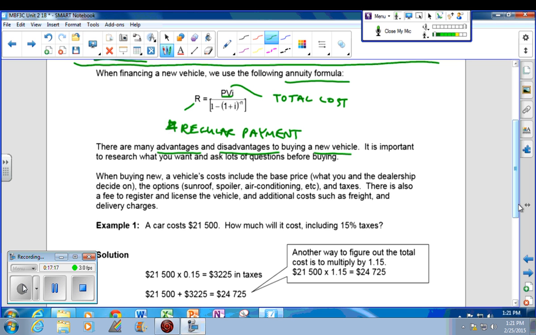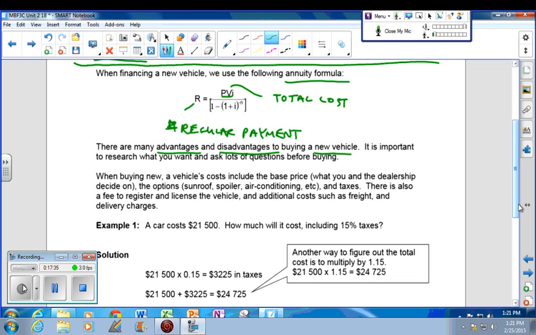So it could be quite different. On the other hand, some vehicles have really good reputations and they last and last and last.